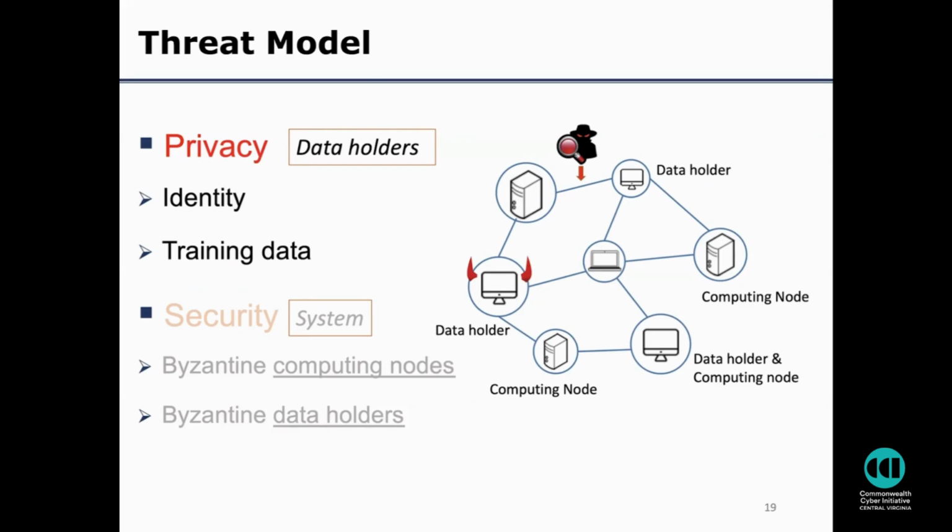Attackers, including malicious participants and outside attackers, attempt to steal this private information by intercepting or eavesdropping on the broadcasted messages in the network. Although the data holders are sending the gradients instead of the original data, attackers can still infer the user's identity and the original training data. So the message should be protected before broadcasting.